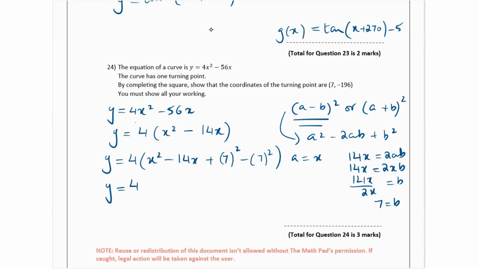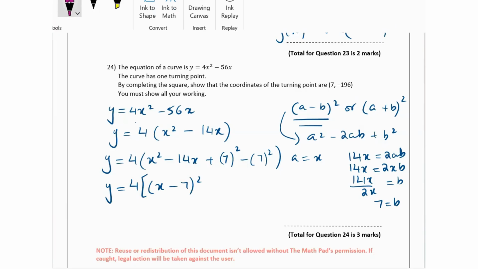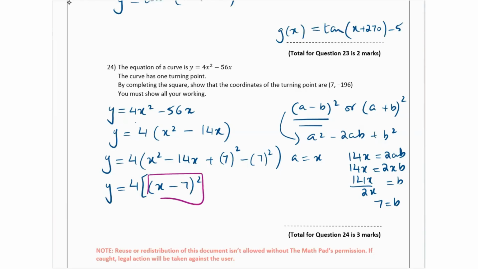So y equals 4 times bracket (x minus 7) whole square. This is now your completed square. And now outside the bracket, we have this negative 49. So when you multiply the 4 with the brackets, we get 4 times (x minus 7) whole square, and then 4 times 49 is 196.